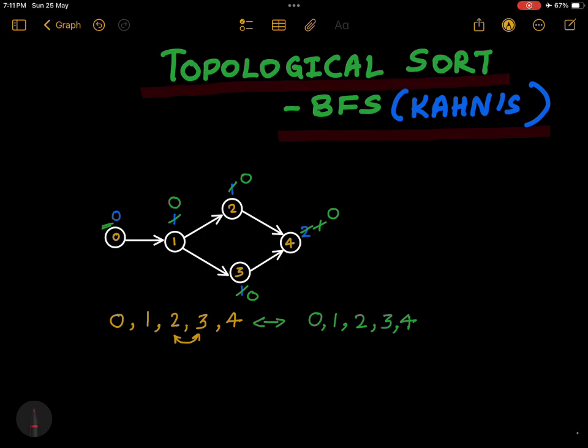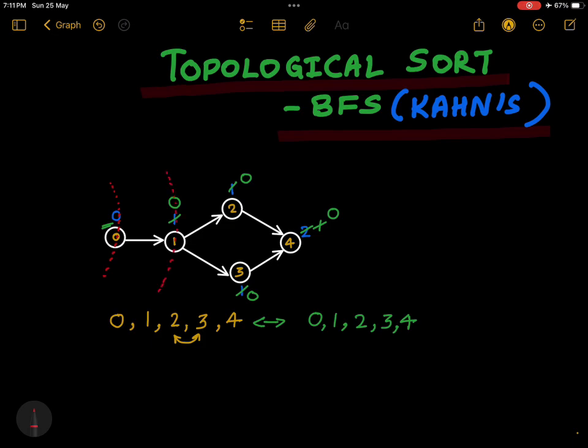Let's see once again how we did it. First, we are at 0, right? And we process 0 because it is independent, it has in degree 0. Then we move to 1. 1 has an in degree of 1 and it has a dependency on node 0, but because we processed 0, the dependency on 1 has gone and we reduce its in degree by 1.